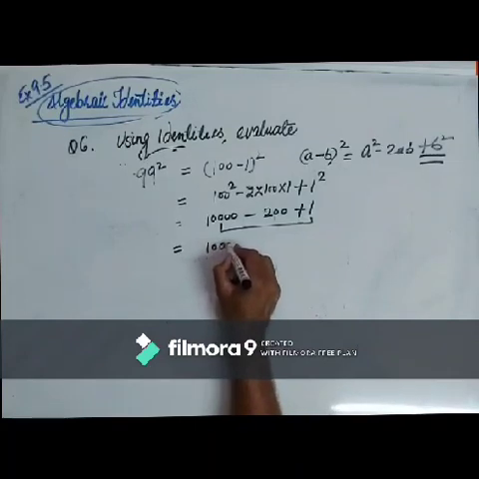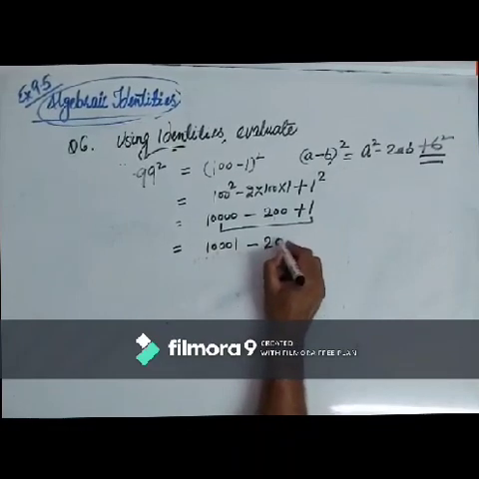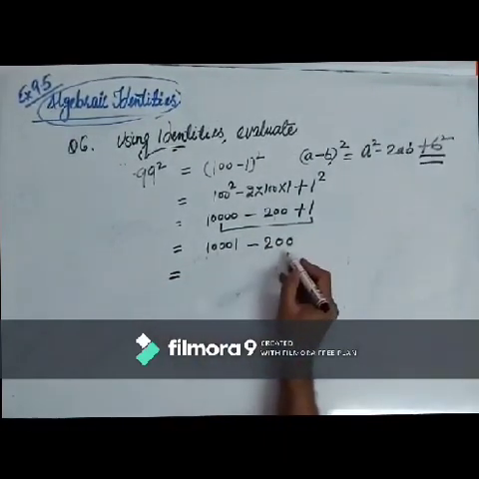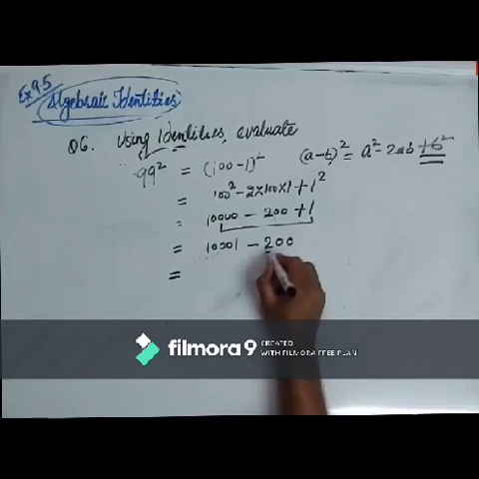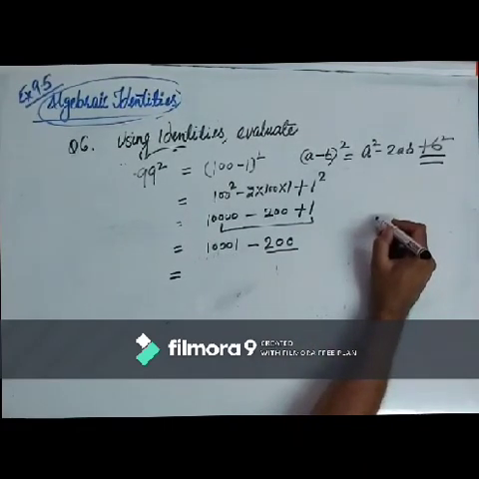10,001 minus 200 will give you, just subtract 200 from 10,001, you will be getting 9,801.